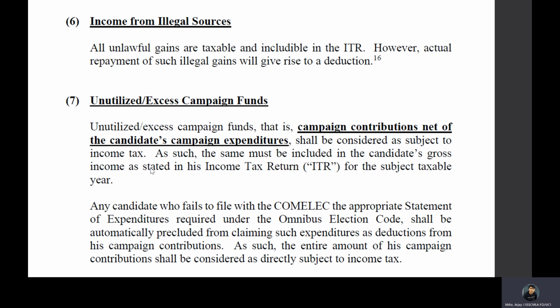And additional requirement na dapat yung mga nagamit mo, na-consume mong campaign funds, must be properly liquidated, meaning dapat na-submit yung mga necessary requirements kay COMELEC. Kasi kung hindi, yung buong income ng campaign fund mo, kahit na-utilize mo na siya, masasubject sa income tax. So, i-include natin siya sa gross income kapag unliquidated yung campaign funds.